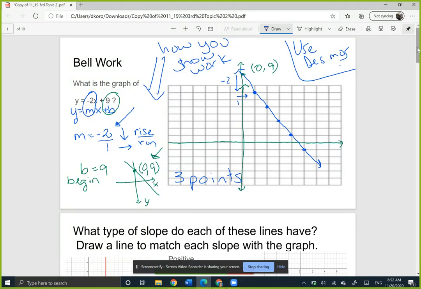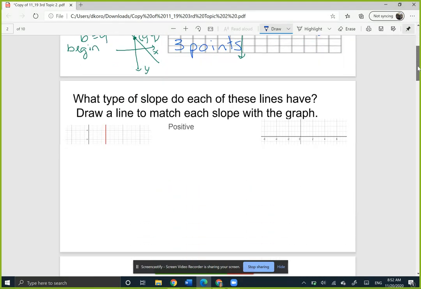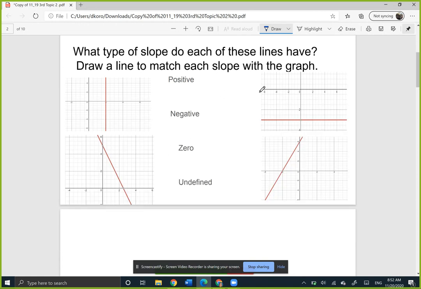All right, so moving on to the next slide, it says, what type of slope do each of these lines have? Draw a line to match each slope with the graph. I noticed a lot of difficulty with this question. So what I suggest is I'm going to go over it right now as well, but also search on YouTube for Slope Dude, and Slope Dude will tell you what to do as well.